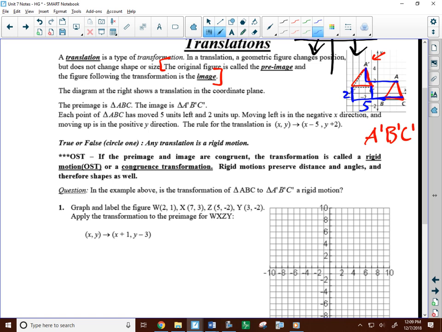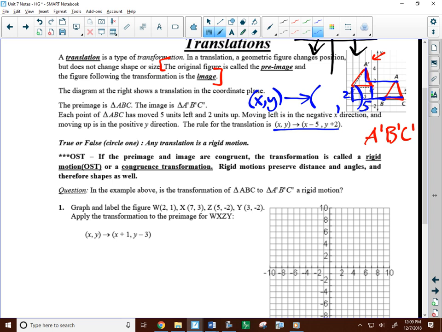Okay, now this might be new. Last year the test could also just say, in words, move it left 5, up 2. Or they're going to write a rule. The rule is right here. You start with this, which is for any transformation: (x, y). That represents one point on your pre-image. The arrow means you're going to transform it. And then in your new parentheses, you write the new transformed rule, the rule that you're doing.